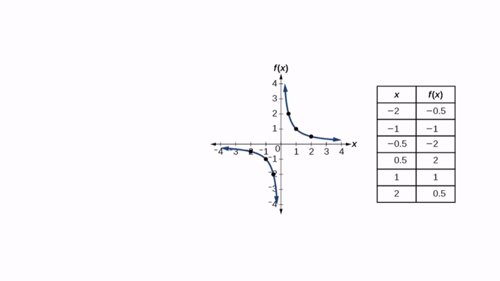The next one is what we call the reciprocal function. The reciprocal function is basically f of x equals 1 by x. So this is the reciprocal function and how it looks.